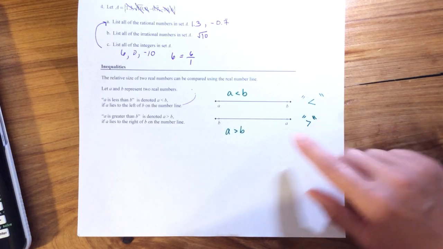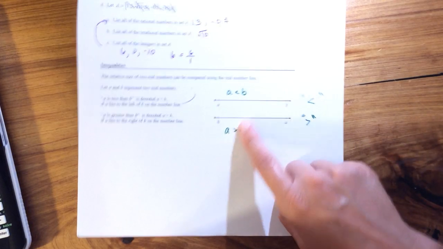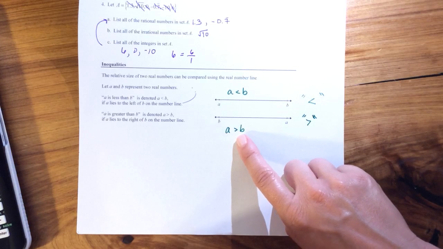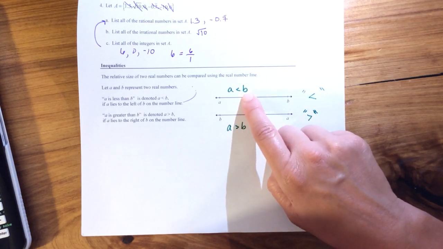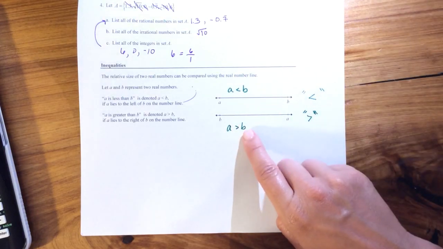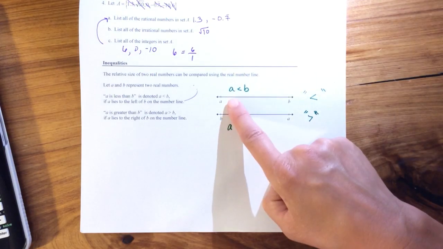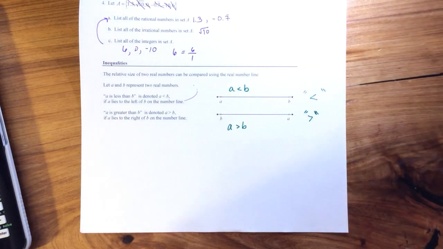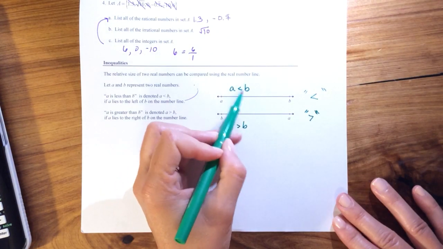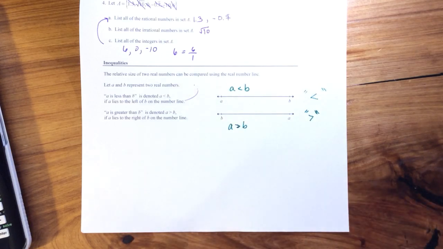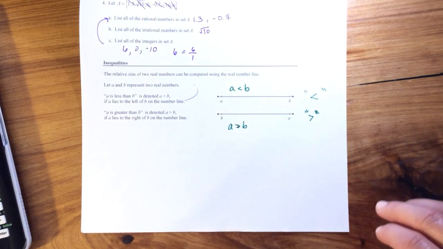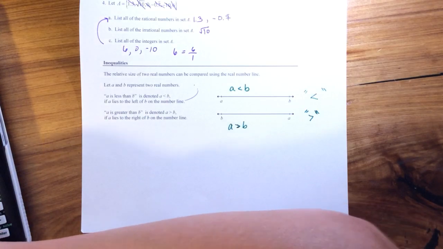So whatever way the alligator's mouth is facing, that's the larger number. So you could also say that B is greater than A, or here B is less than A. But you'd have to rewrite it. Remember, your alligator wants to eat the bigger number because it's a hungry alligator.